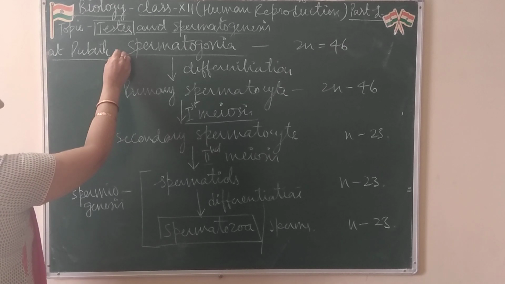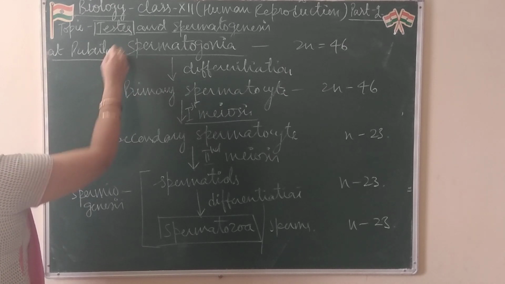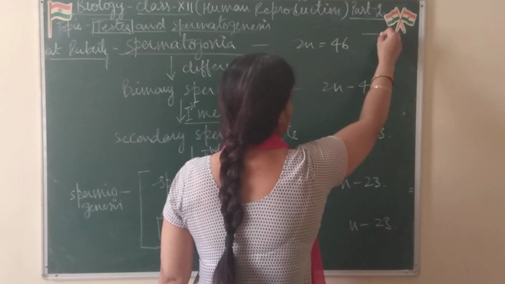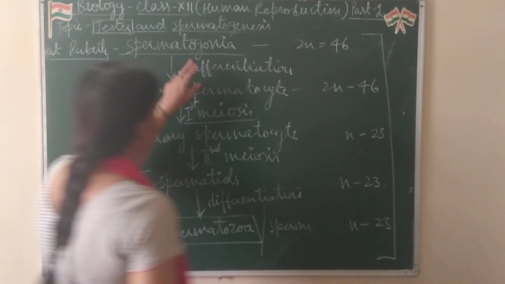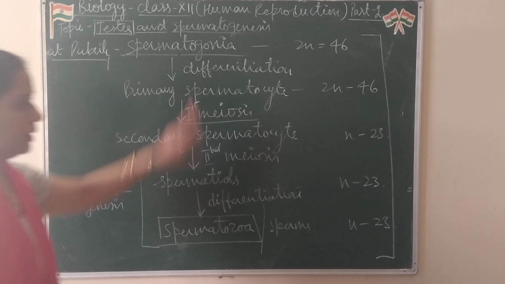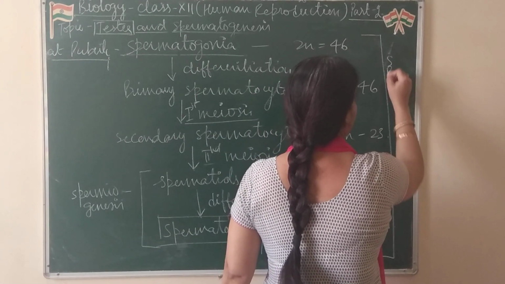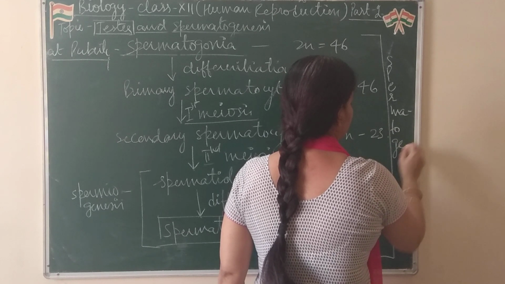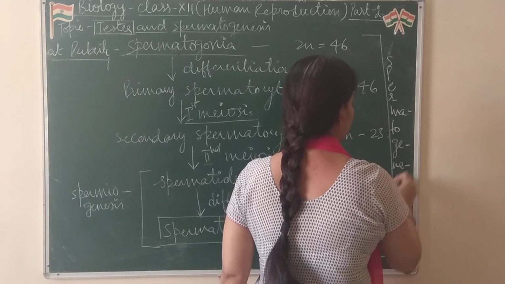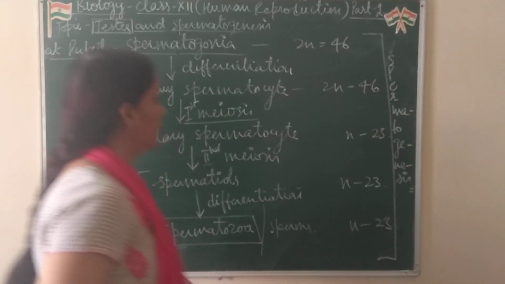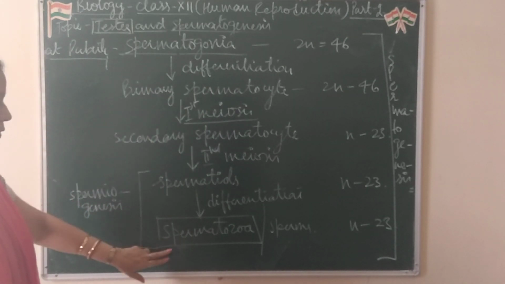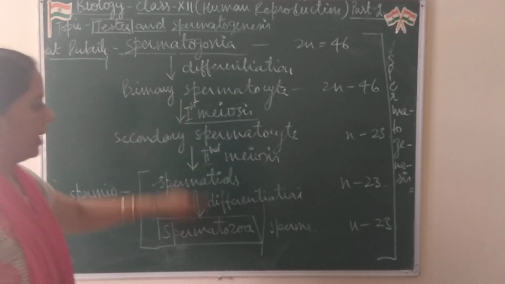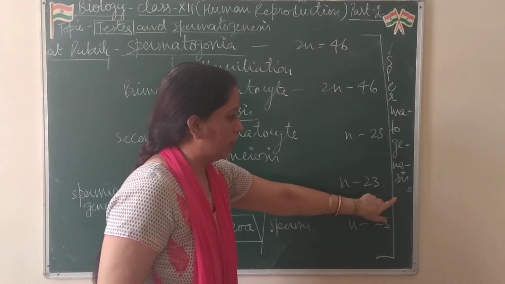Starting from spermatogonia till spermatozoa, the entire process from step 1 to the last step is called spermatogenesis.